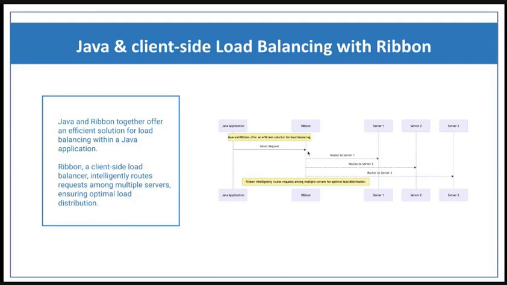So Ribbon does the client-side load balancing by having the list of all of these available servers, and then sending the request to whichever it wants.